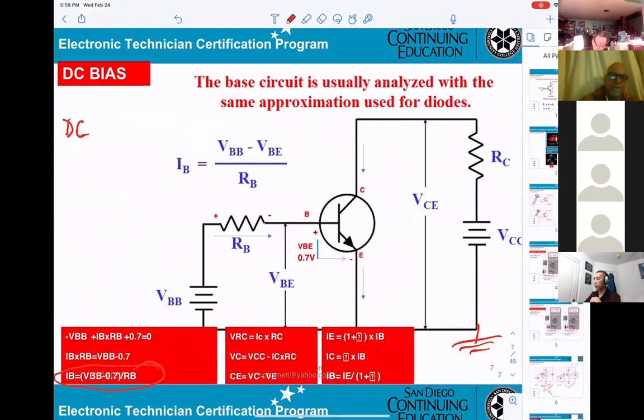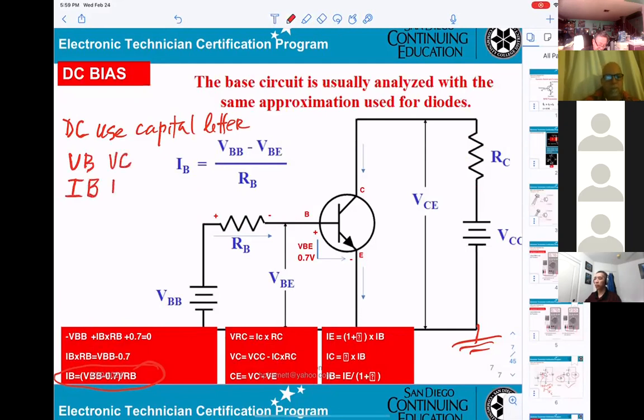they say voltage or current use a capital letter. For example, VB or IB. You see, all capital.